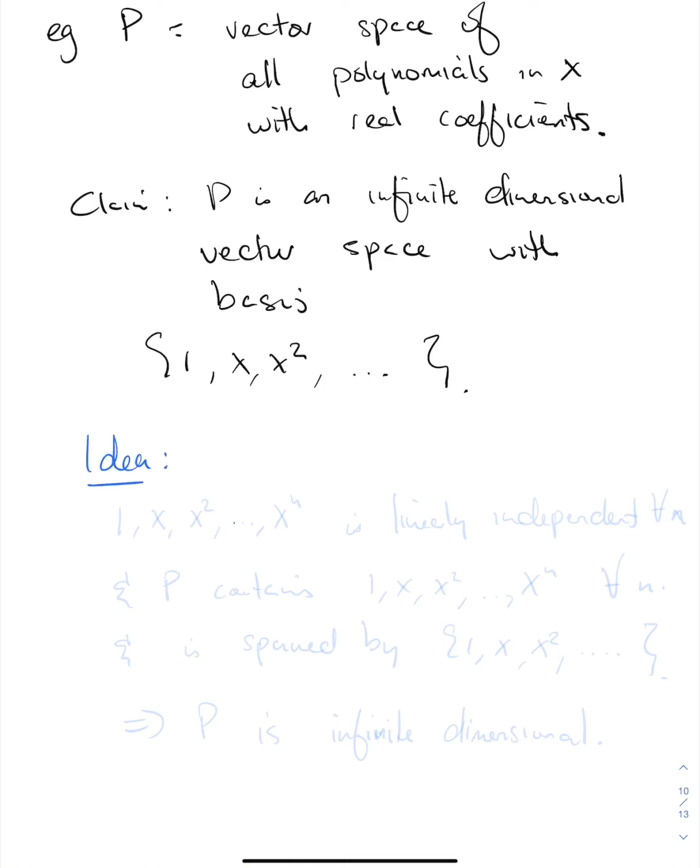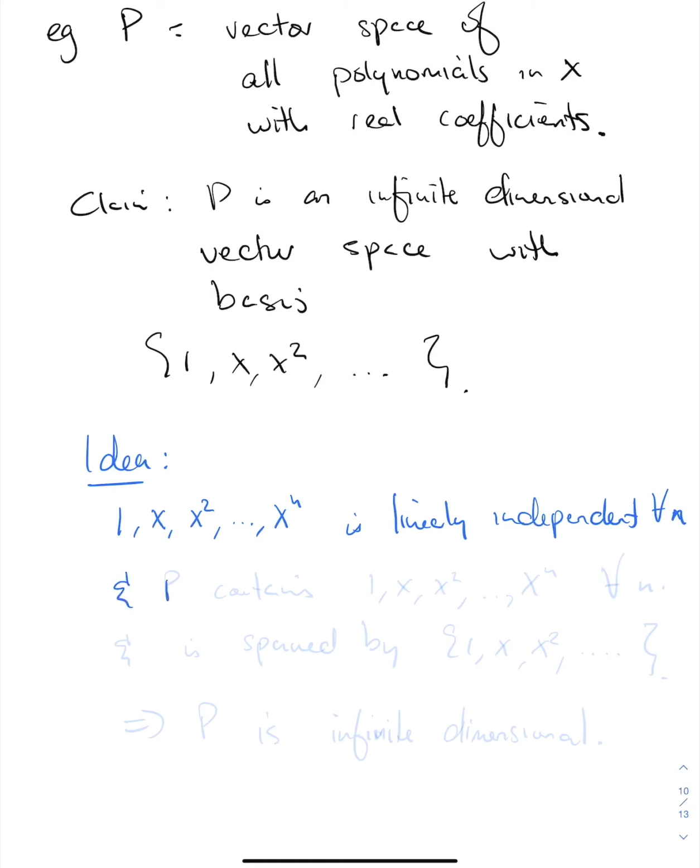The idea is that 1, x, x squared, up to x^n is linearly independent. Sure, but it's linearly independent for all possible n.